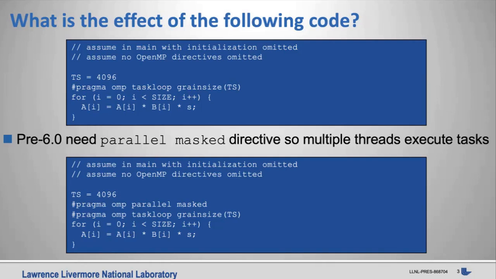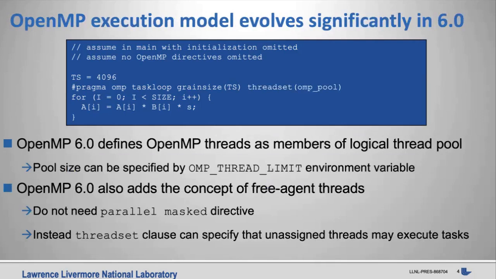Then all of the threads in the team are available to execute the tasks being generated by the taskloop construct. So then you get the parallelization you would expect. Frankly, this is rather cumbersome in such a simple code, to have to specify that you actually want parallelism available when one would intuitively think that there were already threads available to execute those tasks.